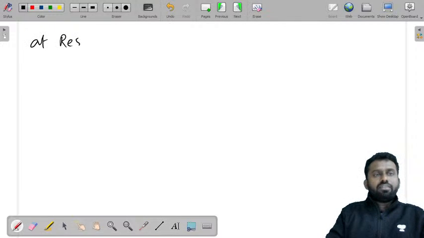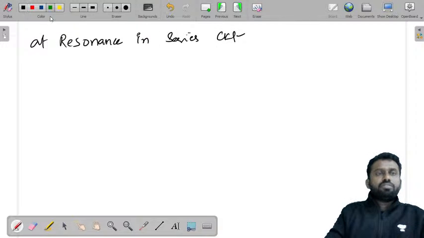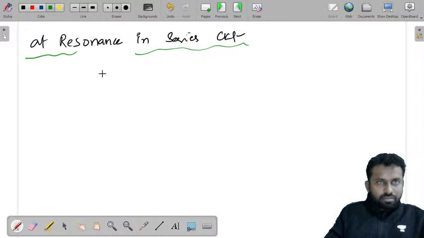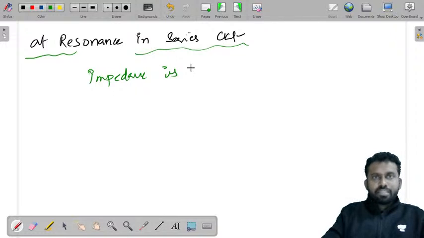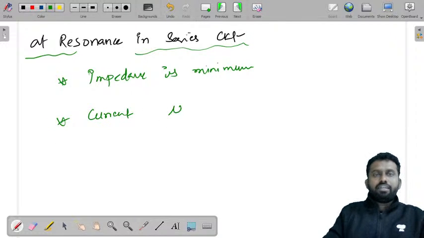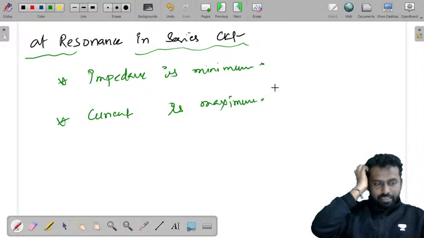At resonance in a series circuit, impedance is minimum and current is maximum.